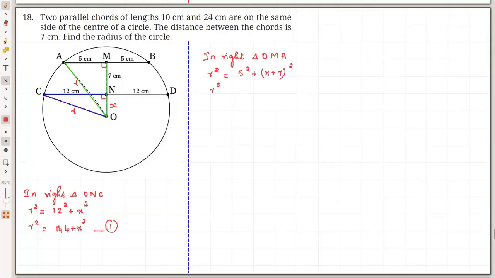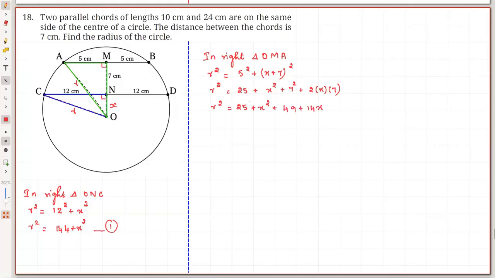R square is equal to 25, plus, using the a plus b whole square formula, a square plus b square, that is 7 square, plus 2ab. So R square is equal to 25 plus x square plus 49 plus 14x.